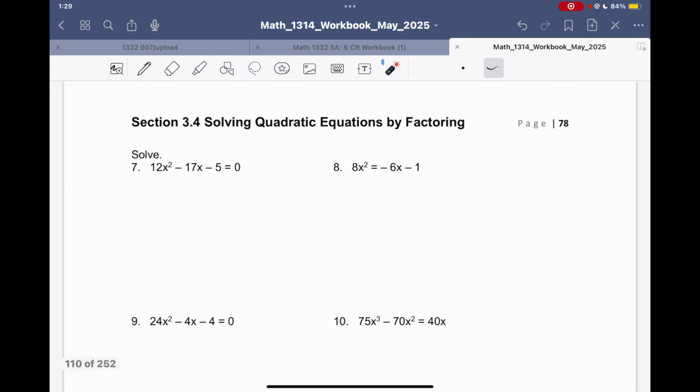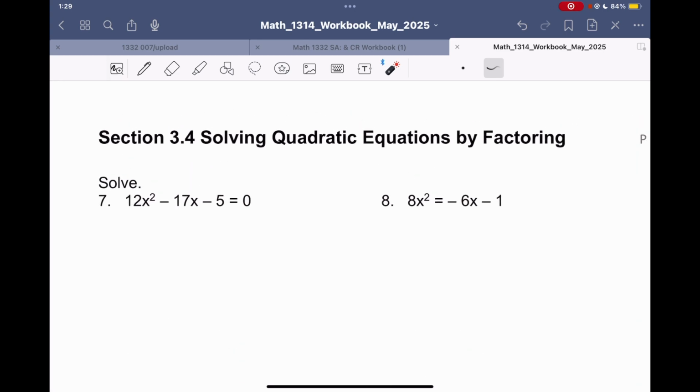Okay, number 7. 7 is quadratic. This is going to be the AC method. So A, B, and then C is the constant. These are coefficients. A equals 12, B equals negative 17, C equals negative 5.